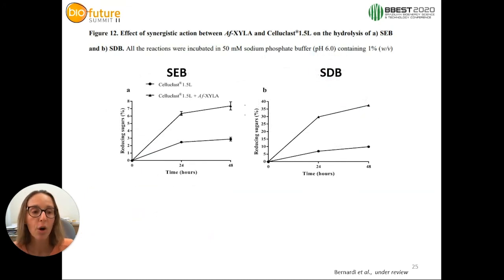For the synergistic action between xylanase and cellulase on sugarcane exploded bagasse or sugarcane bagasse without lignin, we observed a synergistic effect that boosts the activity to 160% in sugarcane exploded bagasse, or more than 300% when considering the biomass without lignin.